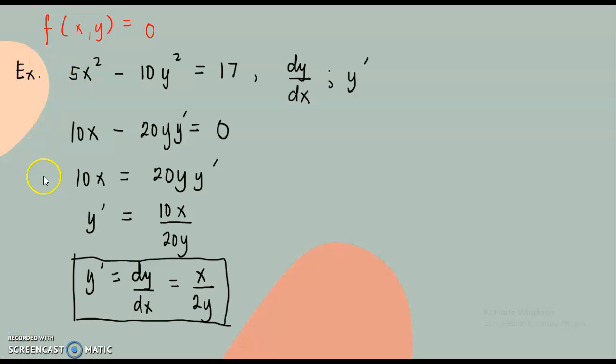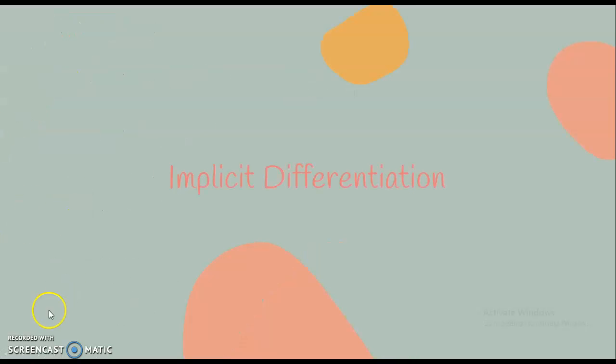Okay, example number 1. Another example. Okay, number 2. Find the derivatives using implicit differentiation. Okay, what if the given is y to the fourth equal to 9x plus 25.